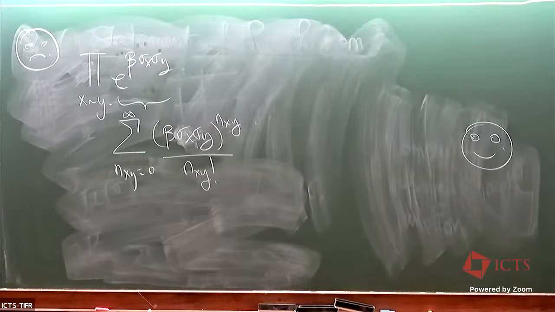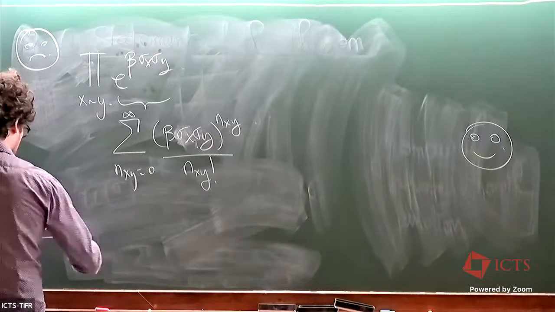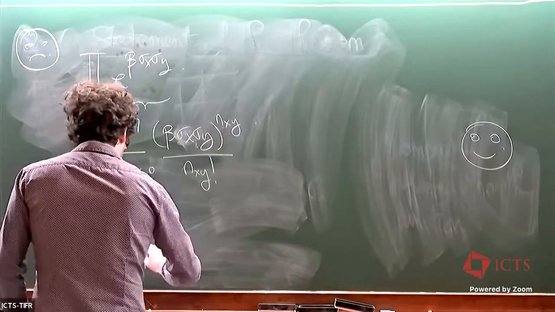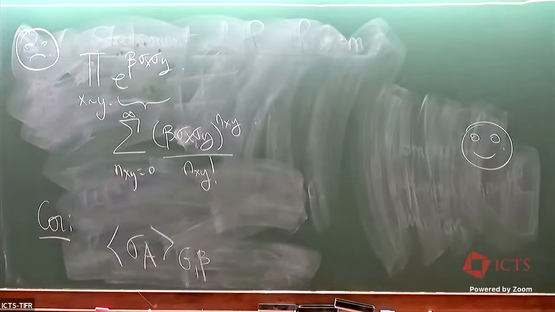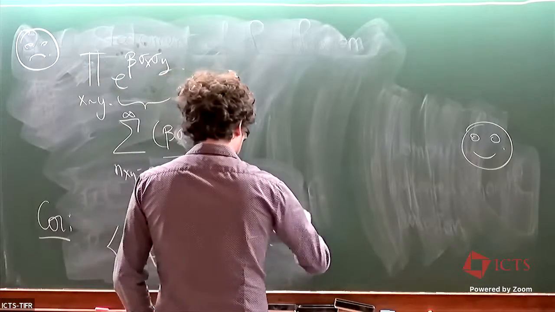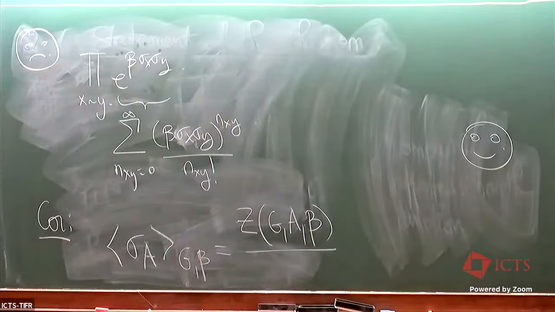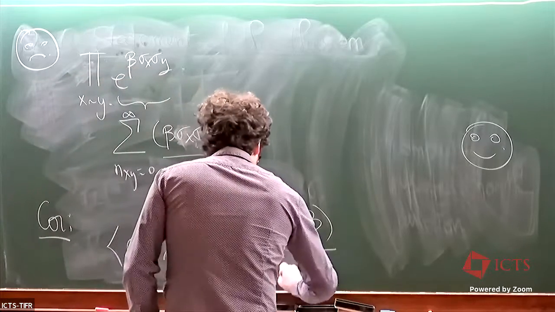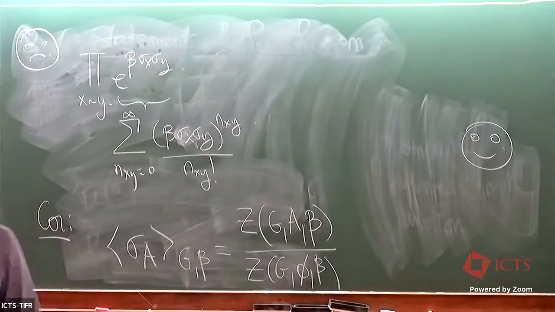Just a remark, a corollary of the proposition there, is that if I look at the correlation itself on G at parameter beta, well, the correlation itself is just the ratio of Z G A beta with the partition function, and the partition function is nothing else than Z G empty set beta, right? If I put A to be the empty set, I just get the partition function.